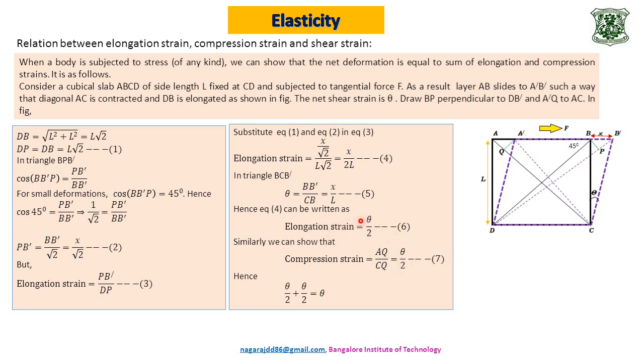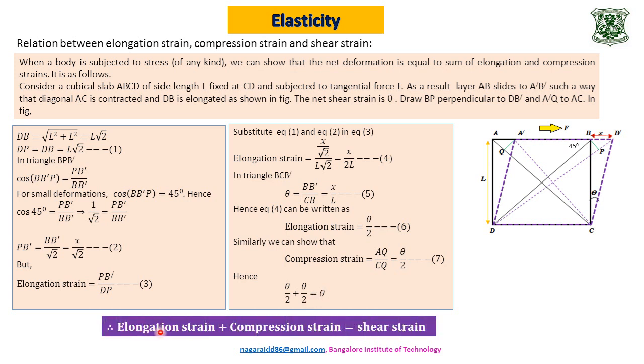Now add these two, that is elongation and compression. Then it is theta by 2 plus theta by 2, that is equal to theta. So this theta by 2 is elongation strain, this is compression strain, this is shear strain. Therefore we can say elongation strain plus compression strain is equal to shear strain.